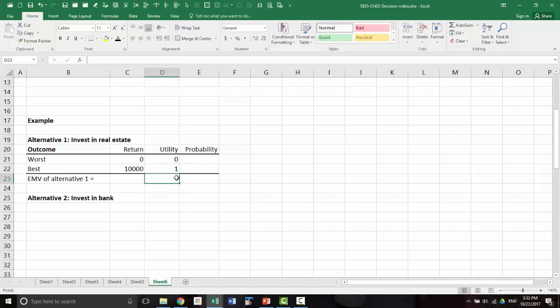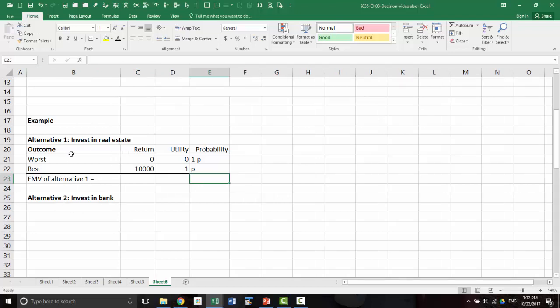The best outcome gets a utility of 1. So now we're going to have these two probabilities. And suppose instead of investing in the real estate, we put that seed money that we have, say for example, let's assume that it was $5,000.